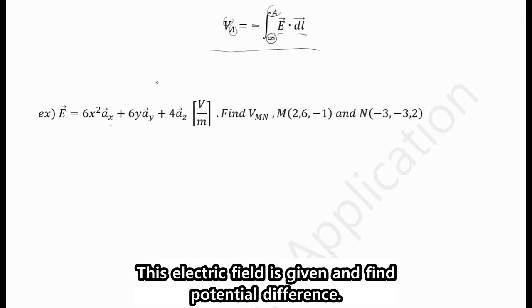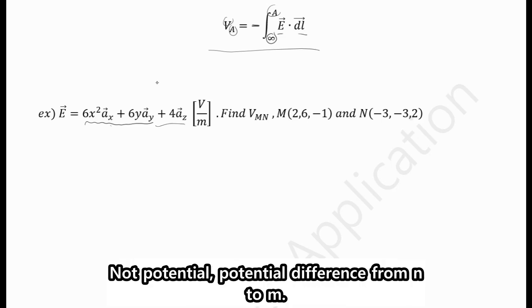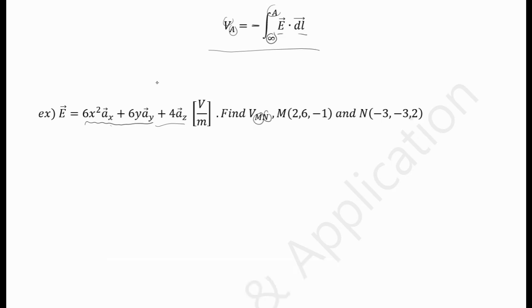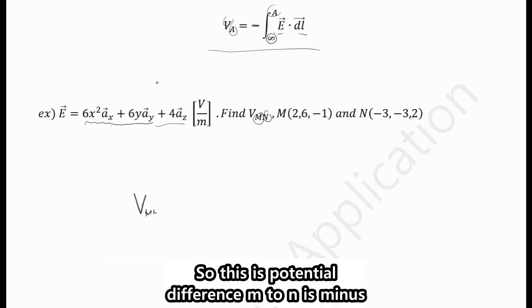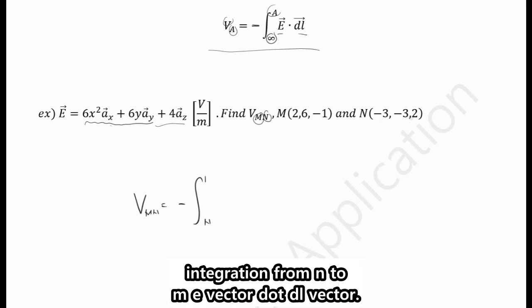So we take an example. This electric field is given, and find the potential difference from n to m. So this potential difference m to n is minus the integration from n to m of E vector dot dl vector.